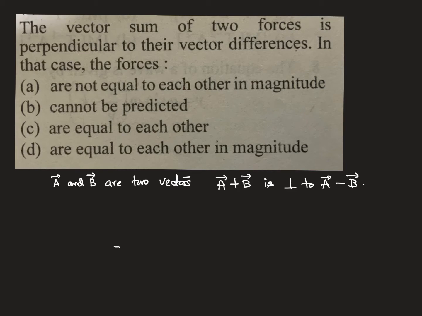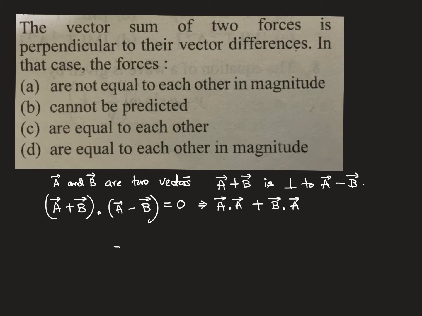If the vectors are perpendicular, then their dot product is 0. So A plus B dot A minus B is equal to 0. As it obeys the distributive law, we can expand the dot product: A dot A plus B dot A minus A dot B minus B dot B is equal to 0.